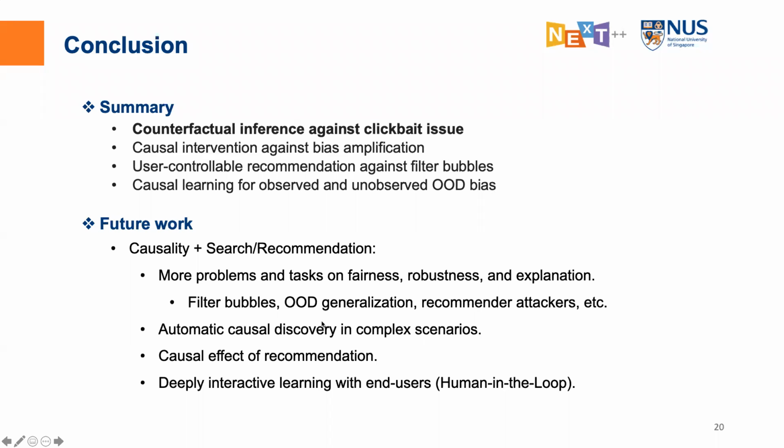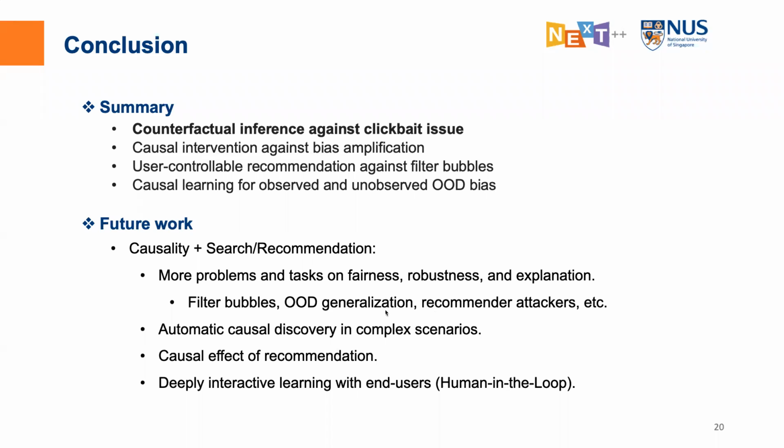Another direction is the automatic causal discovery in complex scenarios. As we all know, for causal discovery, currently we only do some research in synthetic data or some simple scenarios with few variables. So maybe in the complex scenario, there exist many unobserved confounders or colliders.